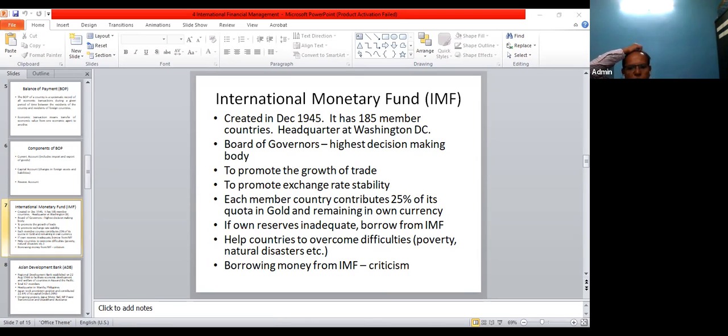Just I think 4 or 5 months back, the IMF denied giving funds to Pakistan when the Pakistan Prime Minister gave a proposal to the IMF for fund assistance. So the IMF was not inclined to give funds to Pakistan.